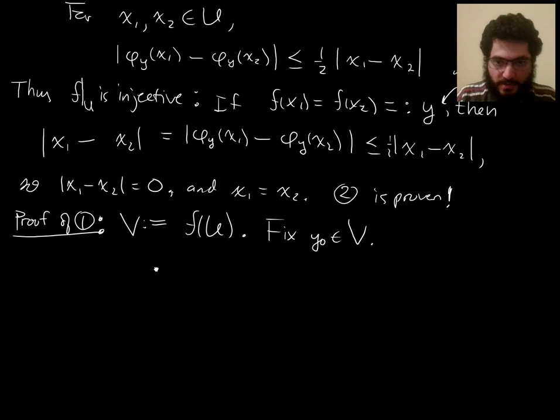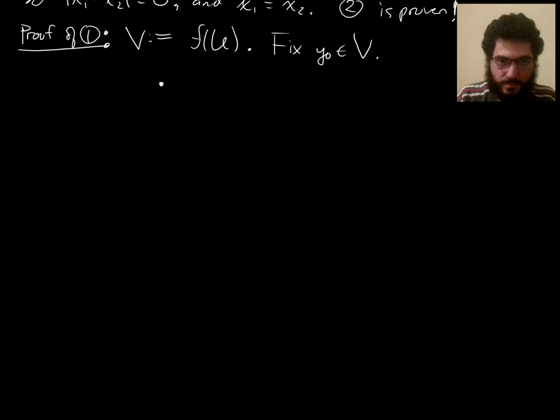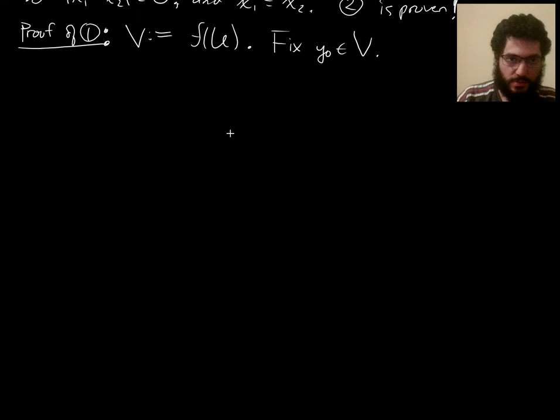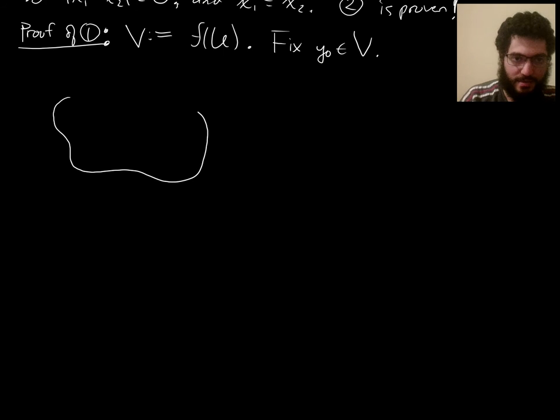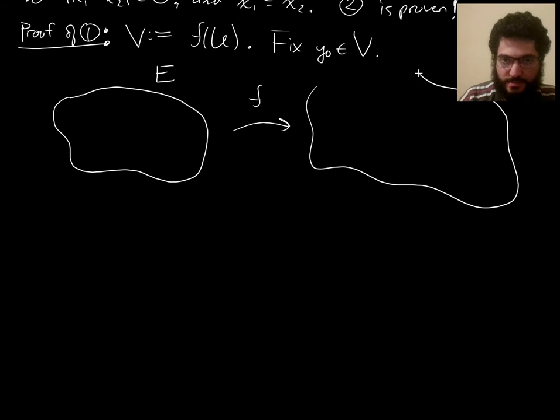Now let's draw a picture of what is going on so far. Right now we've got our domain E, which is this big set, a subset of Rn, and f maps E into the image of E, also some subset of Rn.